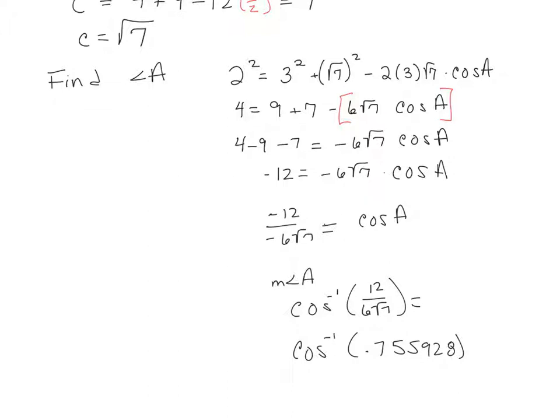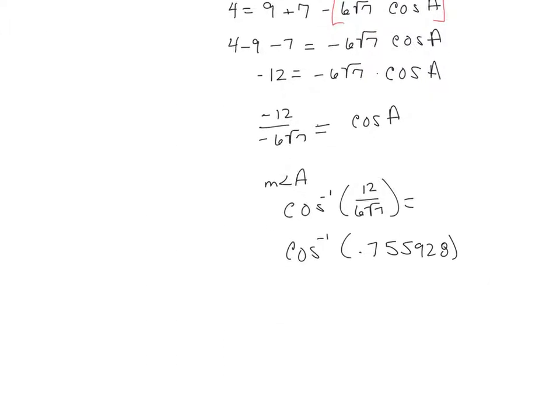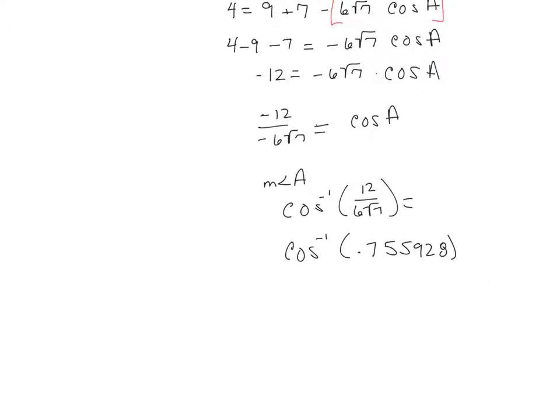Now, the easiest way to put this into your calculator is to calculate that first, and then put in the cosine of negative 1. In your calculator, hit the second button and then the answer, and it will give you the fact that the angle A is equal to 40.9 degrees.